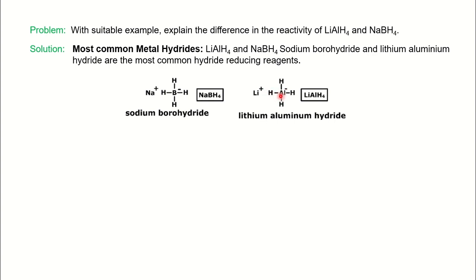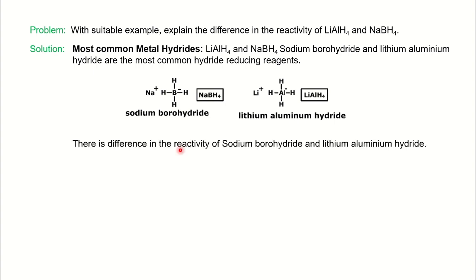More polar means it can transfer the hydride easily, so it acts as a strong reducing agent, and also as a strong base. It reduces the carbonyl group more readily compared to sodium borohydride. So basically lithium aluminum hydride is a stronger reducing agent because of this characteristic.